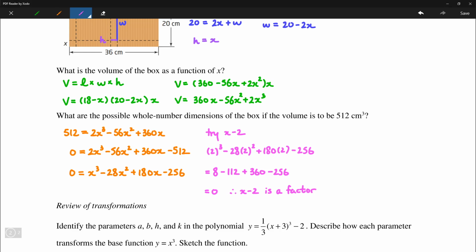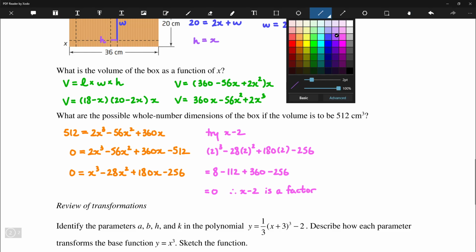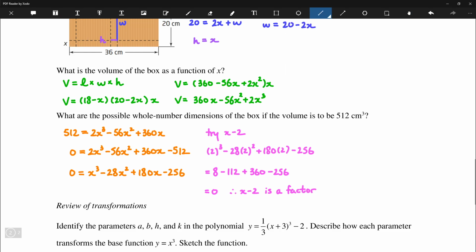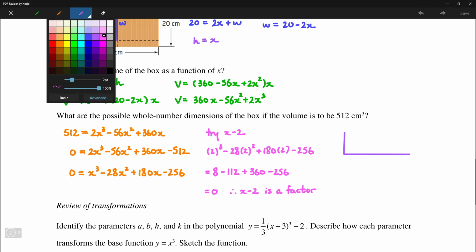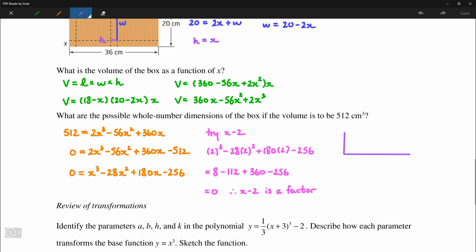All right, so from there, we just need to divide the polynomial by x minus 2. Let's go ahead and do that. Once again, we'll be using synthetic division, so 2, and then on the other side we have 1, negative 28, positive 180, and then negative 256.